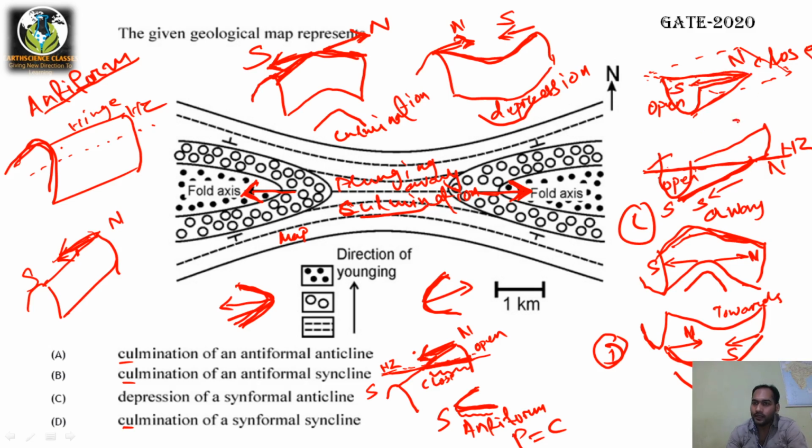This is a synform which is plunging towards south but closing towards north. So that means for a synform, the plunging direction of the axis is opposite to the closing direction of the outcrop, right?